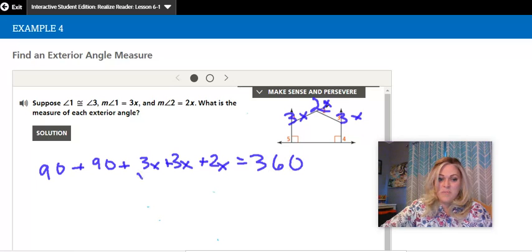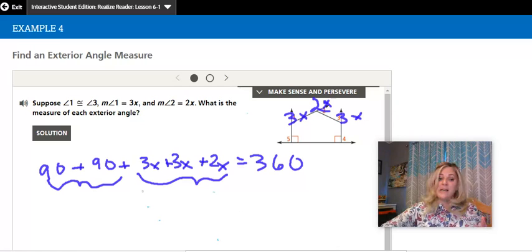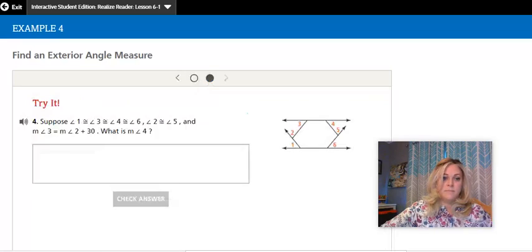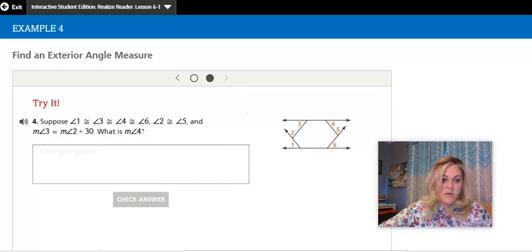You're just going to solve: combine like terms, get x by itself, and then plug it back in, because it wants the degrees of each. So you need to find angles 4 and 5. Those are both 90. Whatever you get for x, plug it back in to get each of the actual degrees.